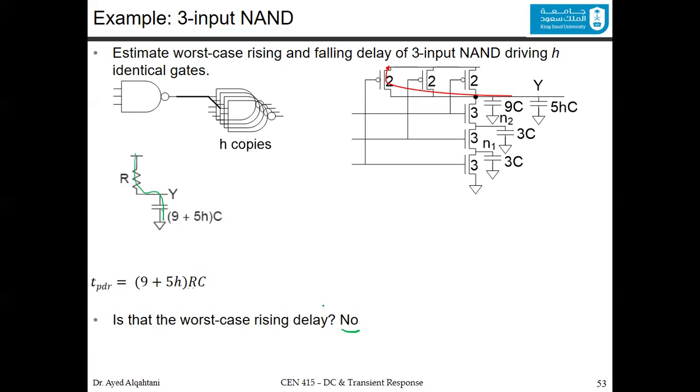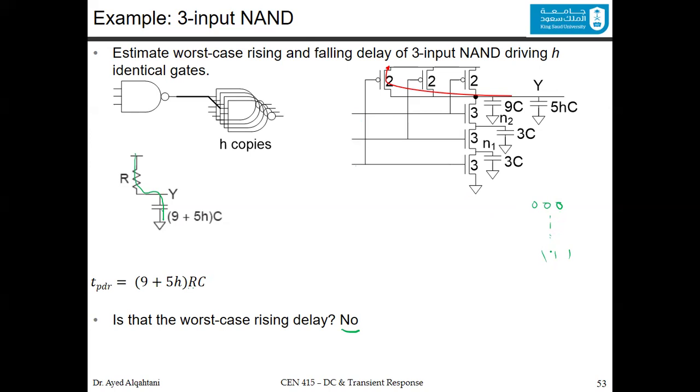To solve this problem and to make sure that you are getting the worst case scenario, let's see what's going on in this design or this net. To get the worst case delay, consider all the three inputs starting from 0, 0, 0 all the way to 1, 1, 1. The truth table, which is 8 possible combinations.